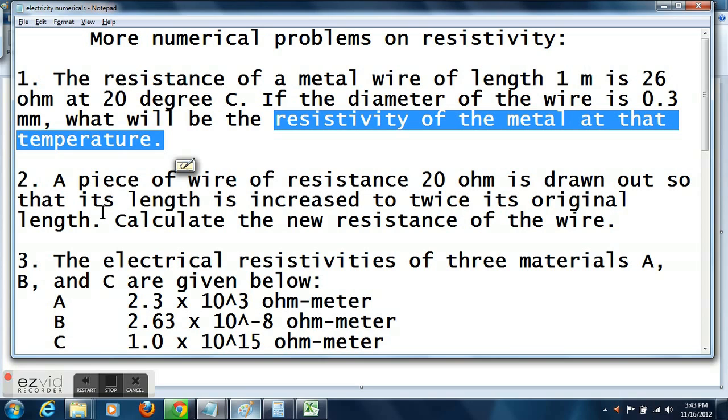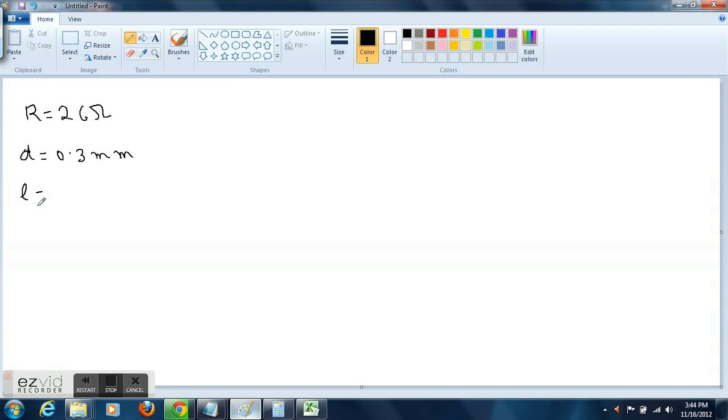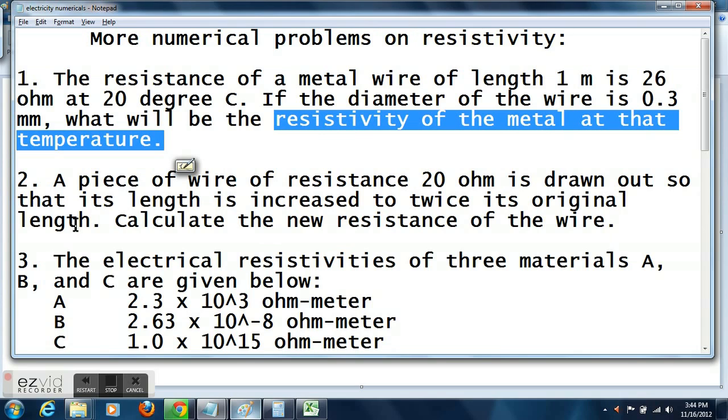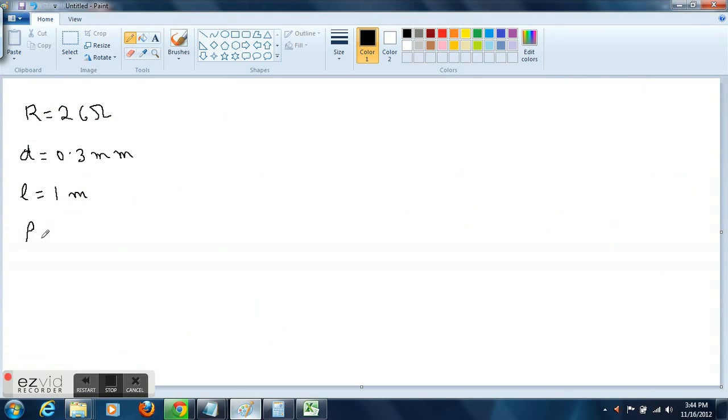And we also know the length of the metal wire, which is 1 meter. And we have to find the value of rho.